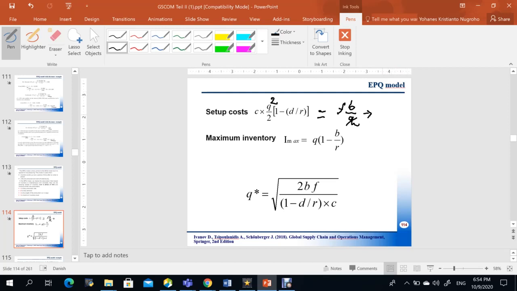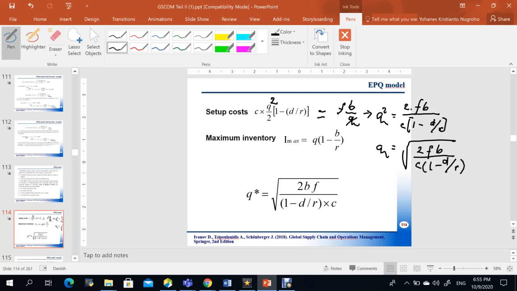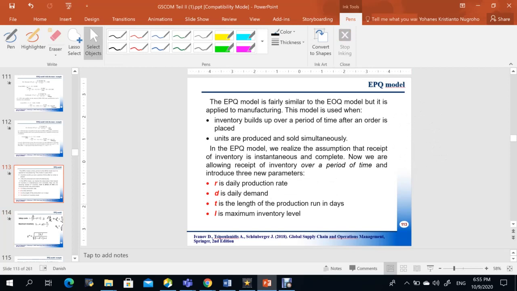And then if we would like to find Q squared, it is equal to 2 times FB divided by C times 1 minus D over R. Okay, and then Q equals the square root of 2F times B divided by C times 1 minus D over R. What is D? D is the daily demand and R is the daily production rate.